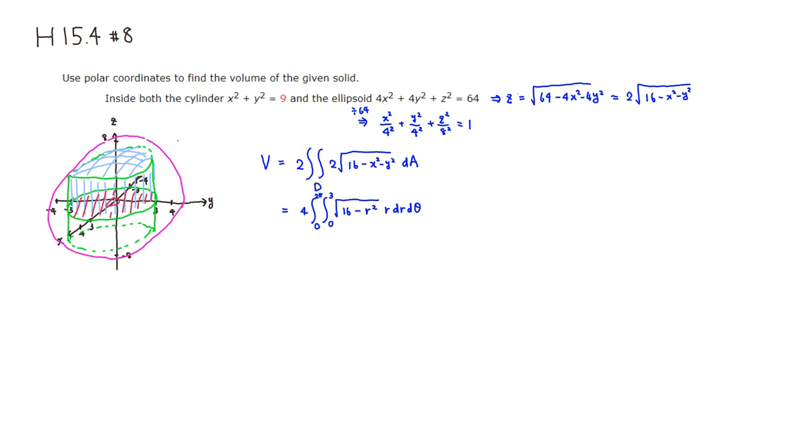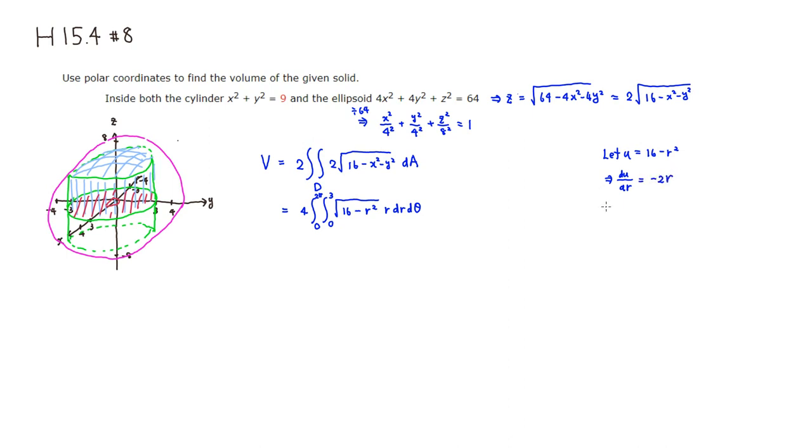I'm going to use a substitution. Let u be 16 minus r squared. Then take the derivative of u with respect to r, which is going to give us negative 2r.